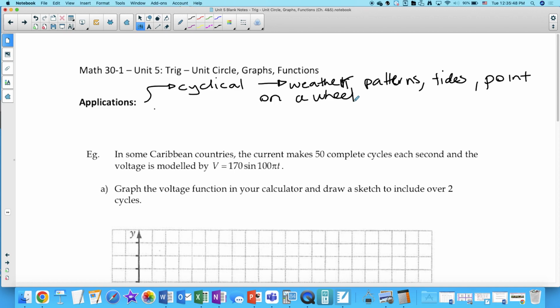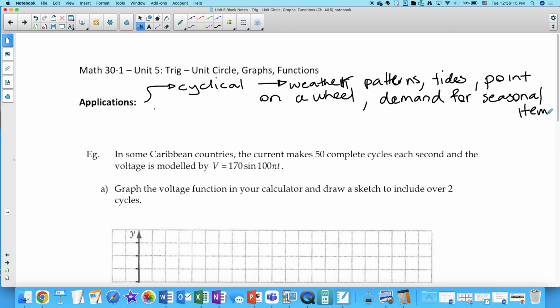We've already seen things like prices of particularly seasonal items, right? Or you can think, not prices, I should say demand. Demand for seasonal items. Right?